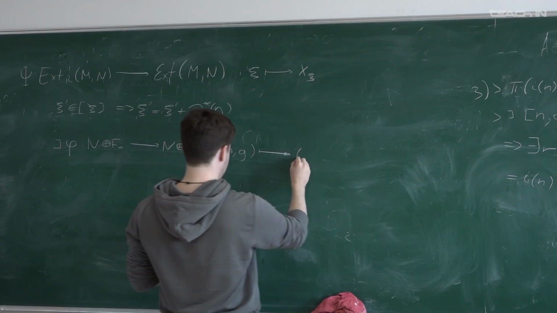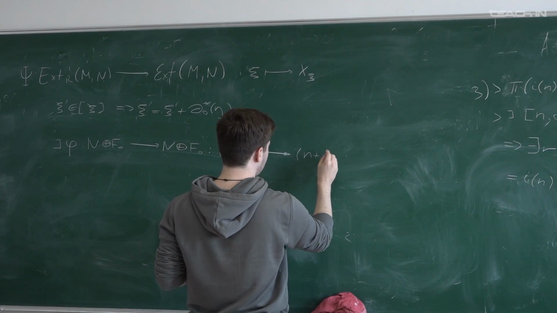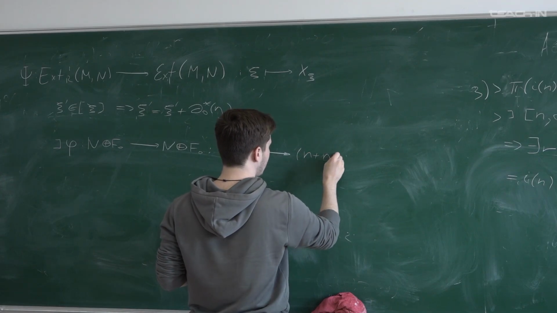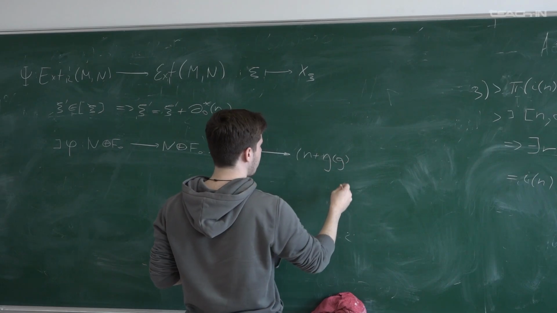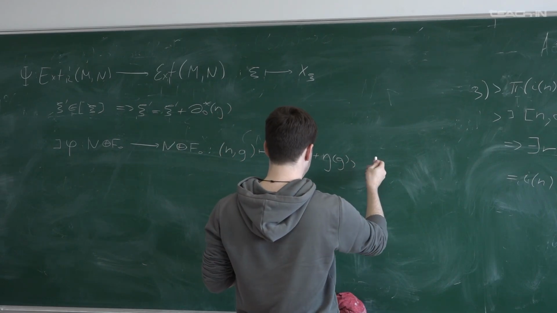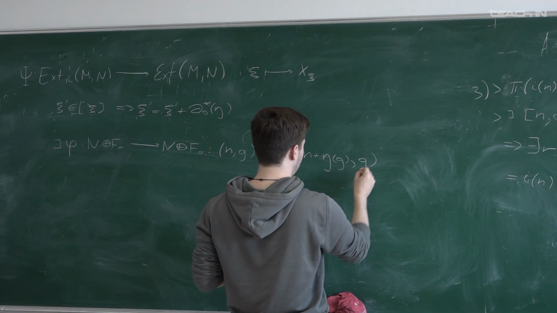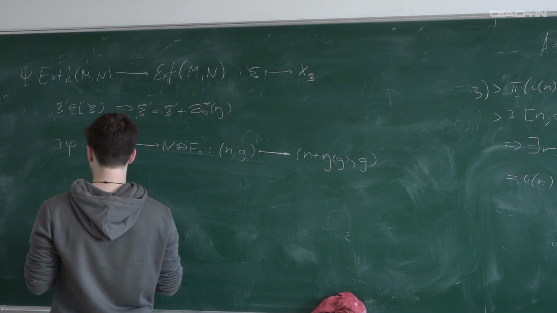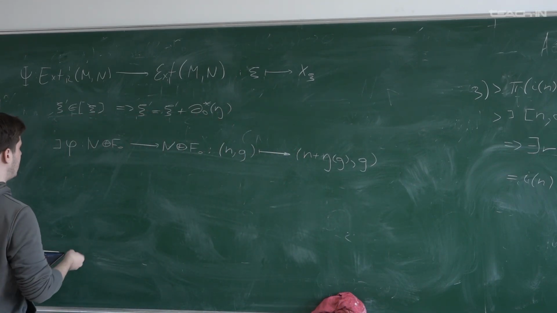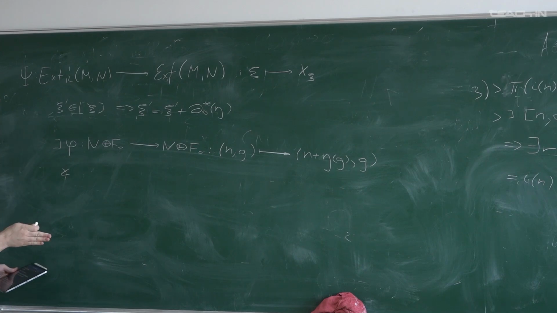Something like n plus eta g, where eta is from h0 to n. We need to check that it sends images to images, and if you consider the quotient, then it will be an isomorphism.